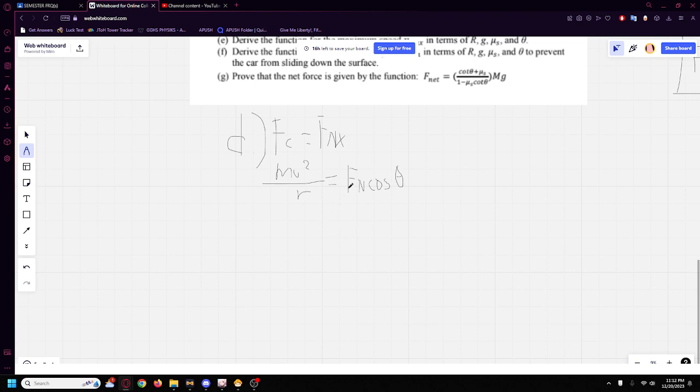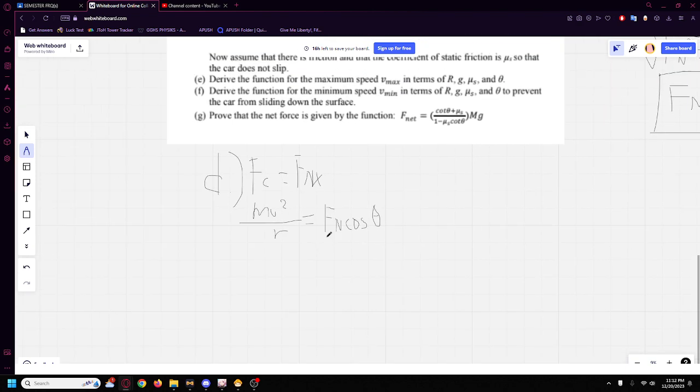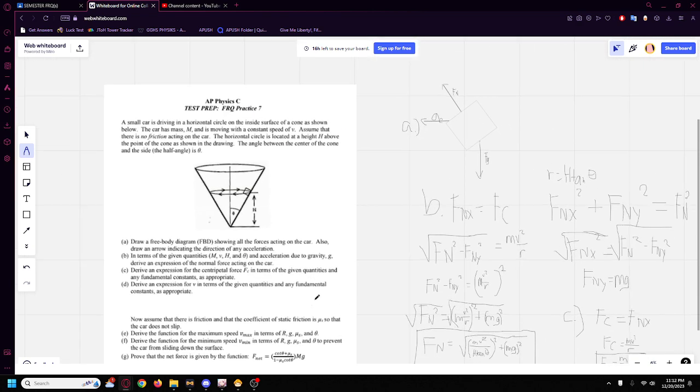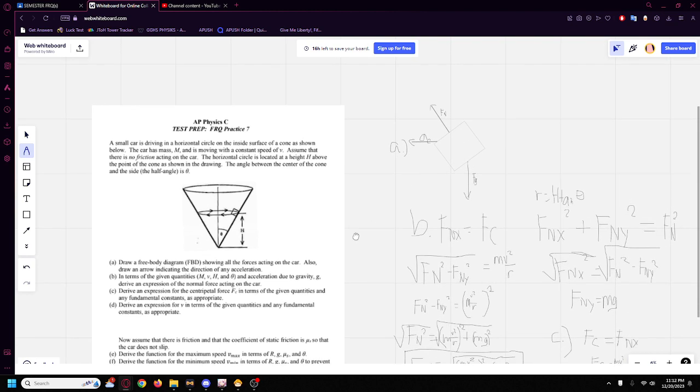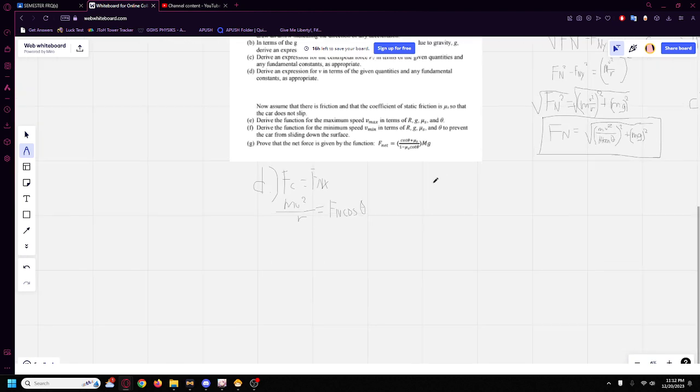And then this is mg. F_N is also the same thing as mg divided by sine, because F_N sine theta is F_N y, which is mg.